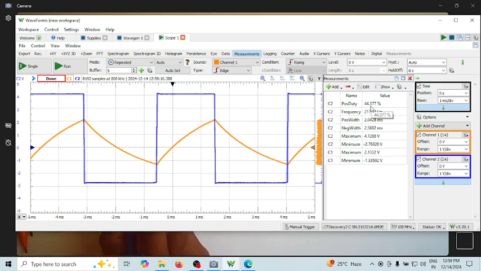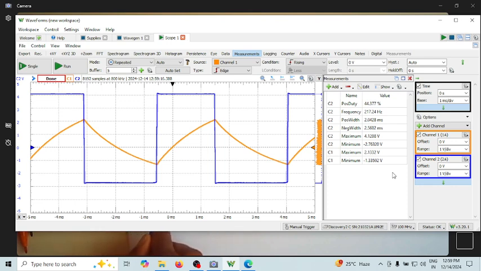Let me write the values that I'm getting from the screenshot. Duty cycle is 44.37% and the frequency is 217 Hertz. T on is 2.04 millisecond.